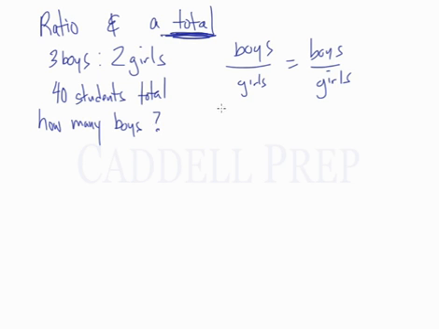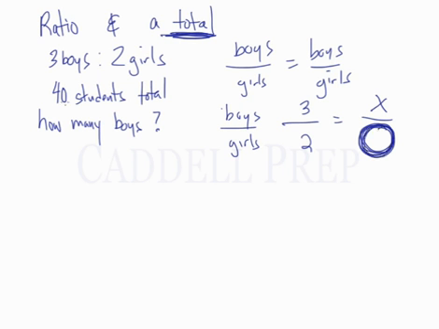Well, we can't do this type of thing because we'll have boys over girls. So we have 3 boys, 2 girls. They want to know how many boys. So we put x here. But we don't know this number either. We don't know how many girls there are. We have a total. There's 40 total. Can't put 40 here. That's not the number of girls. We have to solve this a different way. So let's go over how we're going to solve this. Let's make a little table first.